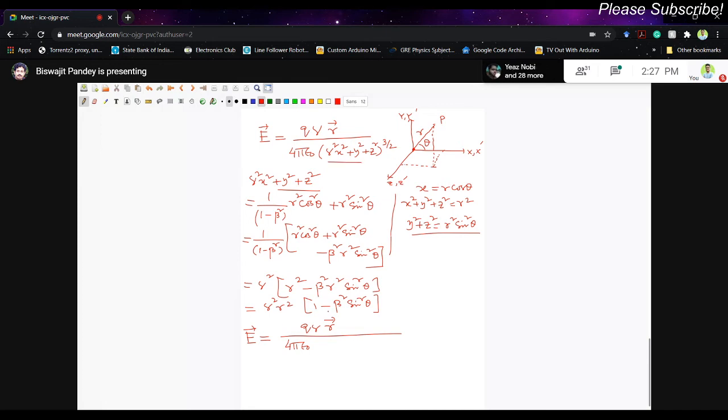So you have to take a power of 3 half. This half, this 2 factor will get cancelled from both these terms. That will give us gamma cube r cube, and then 1 minus beta square sine square theta to the power 3 half, right?